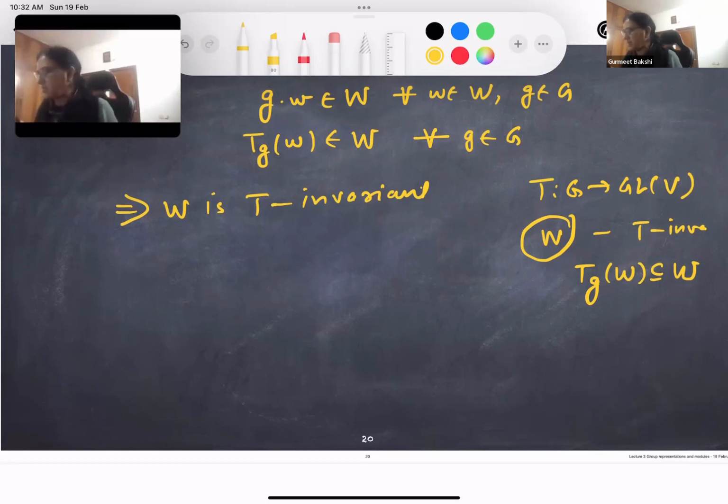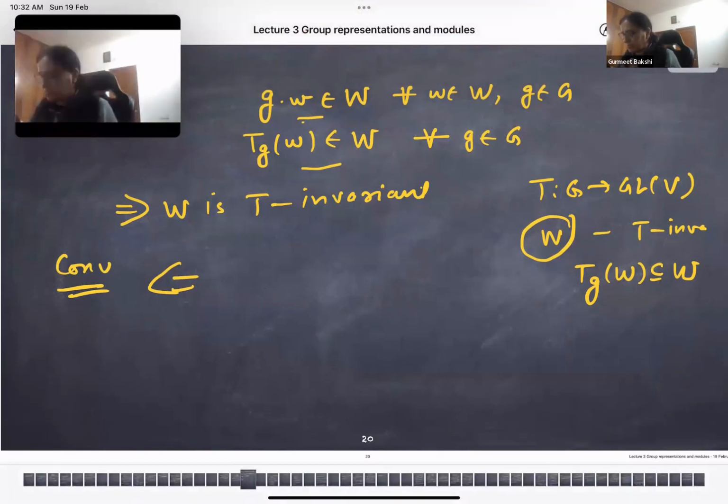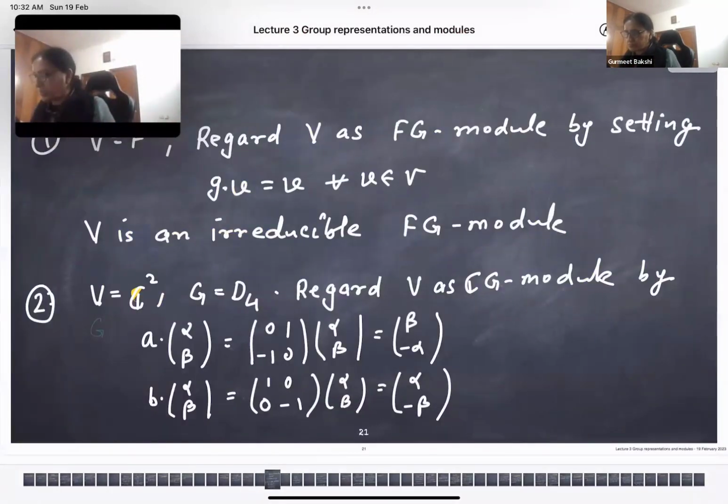So W is T-invariant. Conversely, if W is T-invariant, the same steps can be traced backwards and W becomes an FG submodule. Therefore, you can prove that irreducible representations correspond to irreducible modules, right? Now, let's see some examples.